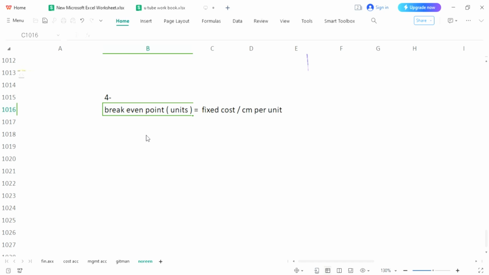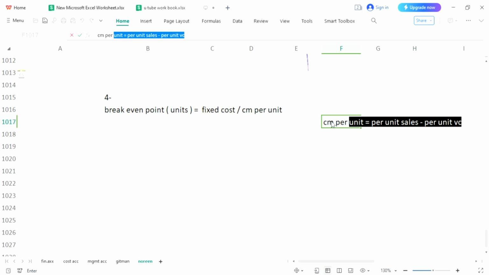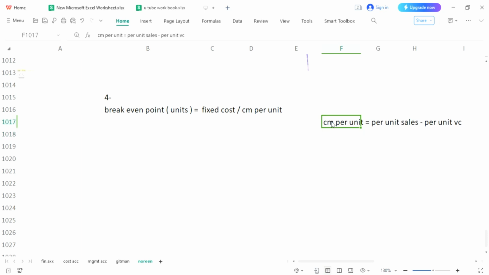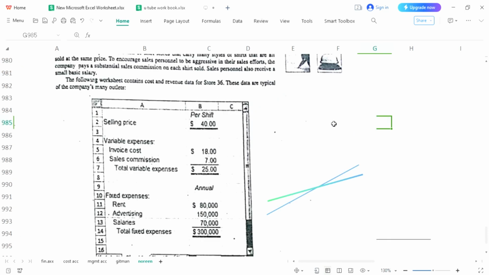Obviously, contribution margin per unit has changed now. So we will calculate contribution margin per unit by subtracting per unit variable cost from per unit sale price. So here you can see per unit sale price, and then you will subtract per unit variable cost. Why are we calculating again? We have already calculated it, but there is a difference now.